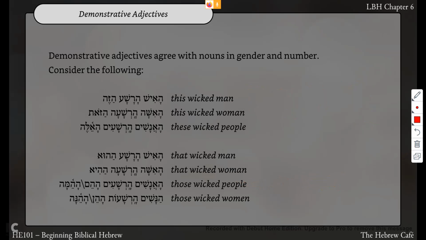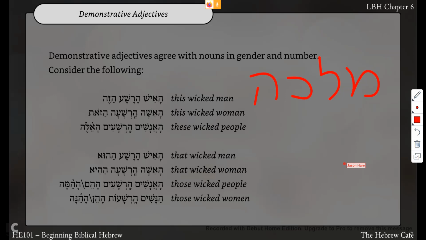Okay, so how do we say this queen? Gio, can you give us this one? This queen with the word malka. Malka hazot. Great. And that queen, Ward, if you don't mind? Ha-malka ha-hi.